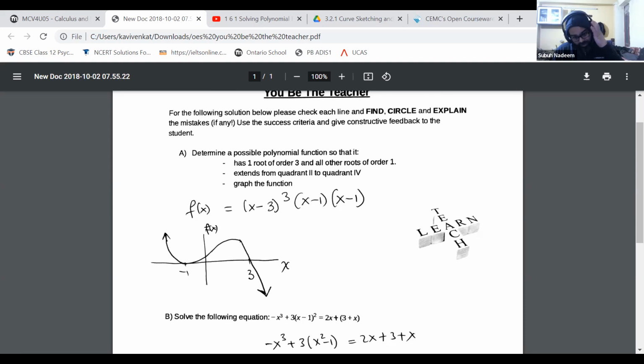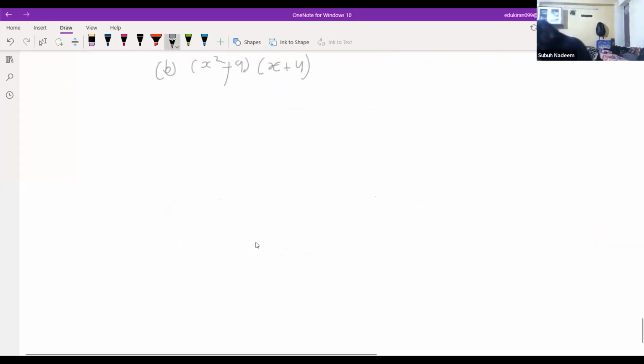Yeah. But if you draw the graph of x minus 3 whole cube into x minus 1 whole square, suppose you take the function as x minus 3 whole cube into x minus 1, which is wrong, but which they have taken, because x minus 1 whole square cannot be taken.